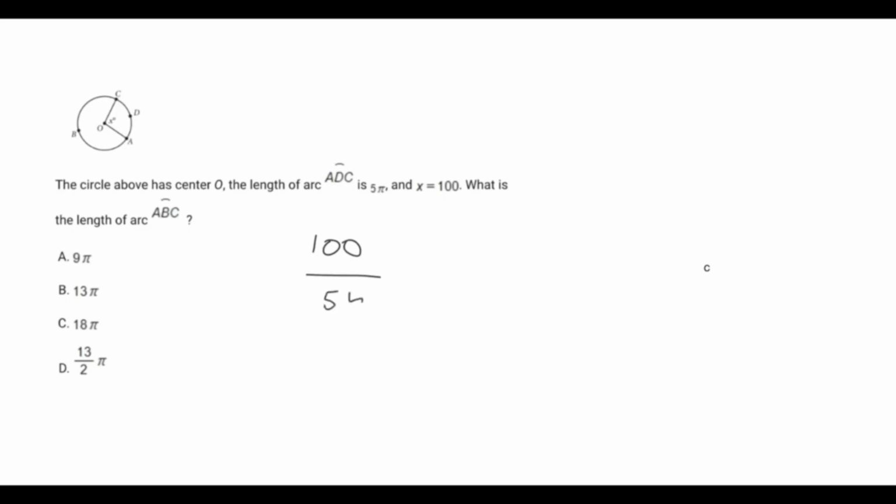And so now they want us to determine what is the length of arc ABC, right? This side right here. So because we know that the circle is split up quite evenly, the degree value over here is going to correspond with that arc length of ABC.